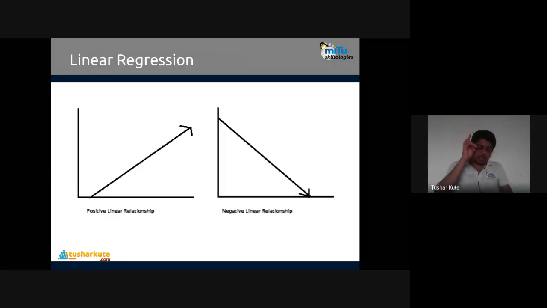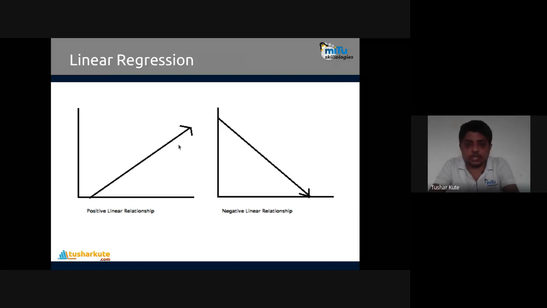Let's see this one. The first example is positive regression. The second example is negative regression. So here a positive linear relationship is present. It's incrementing, meaning as x increments, along with that y also increments. I have one input variable x on this side and the output variable y on this side, and you can see the plot.